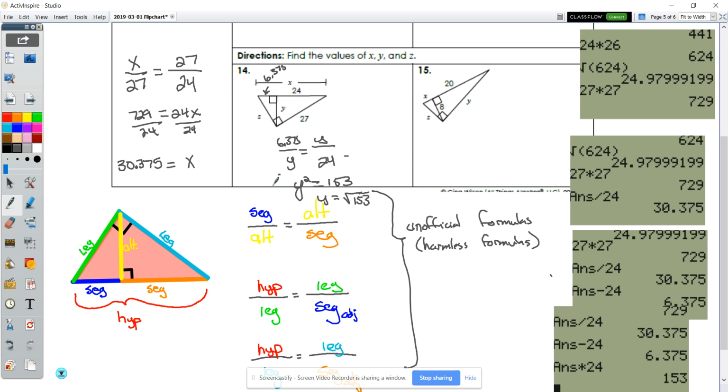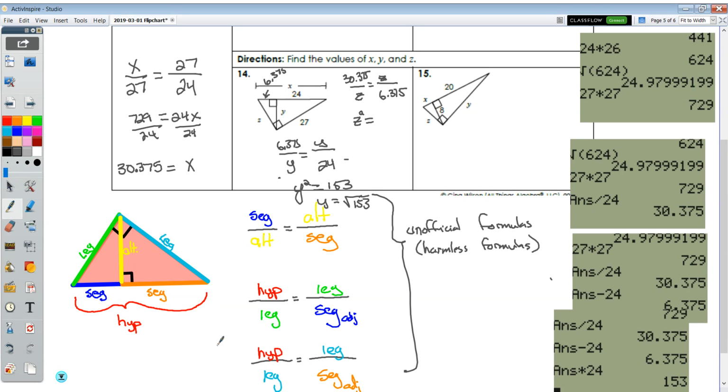And to find that last leg, we're going to go back to this little formula here. So the leg is the geometric mean. So I'm going to say z. Leg is the geometric mean of the hypotenuse. In this case, I figured out it was 30.375. Segment adjacent, 6.375. And so then I can cross multiply to solve for z. So z squared equals 30.375 times 6.375.